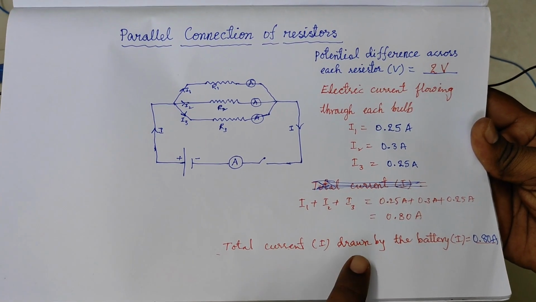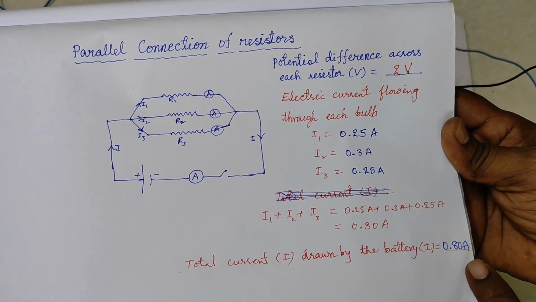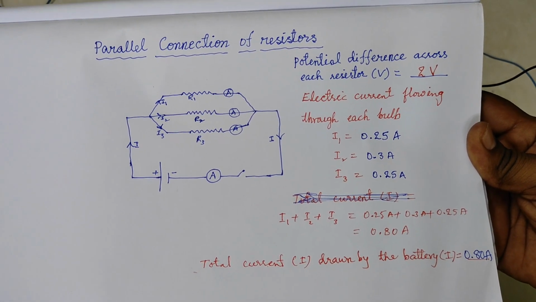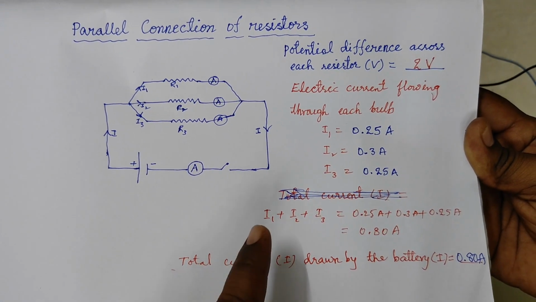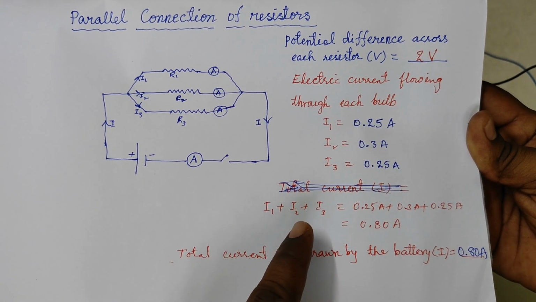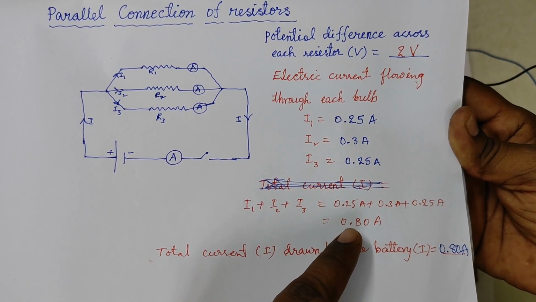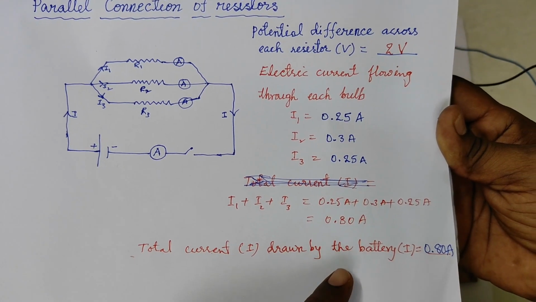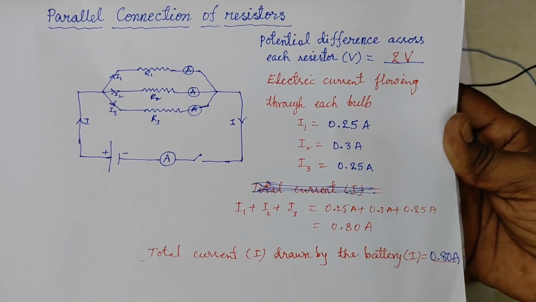Total current drawn by the battery is 0.80 amperes. From this activity, we can conclude that the sum of individual currents drawn by each bulb, I1 plus I2 plus I3, that is 0.80 amperes, is equal to the total current drawn by the battery I, that is 0.80 amperes.